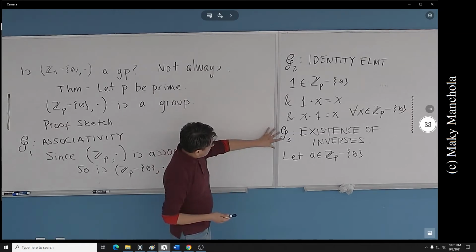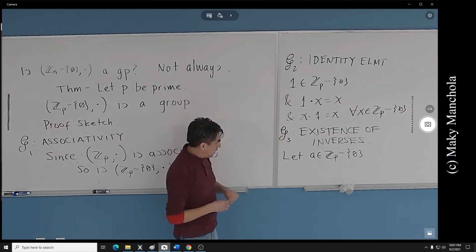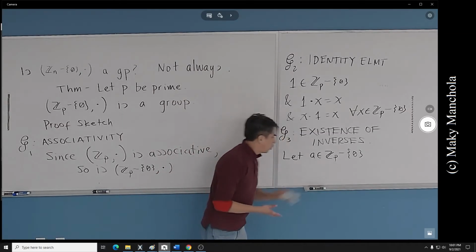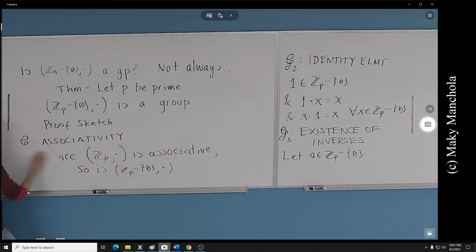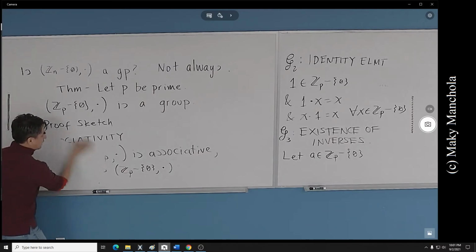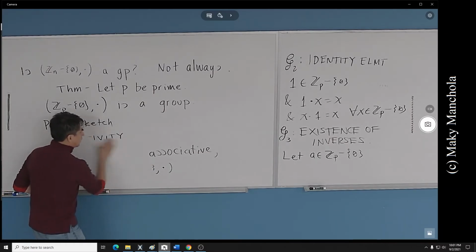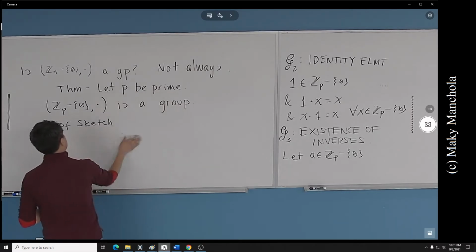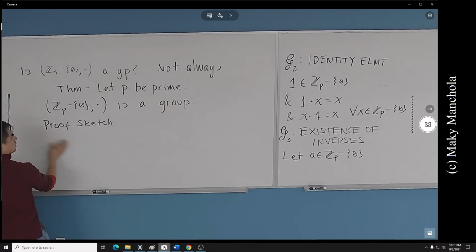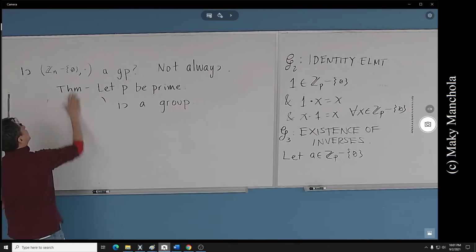Now, out of our 3 group properties, this one's the subtle one. How can you identify that there has to be another element in ZP excluding 0 such that when you multiply by this A, the result is 1.